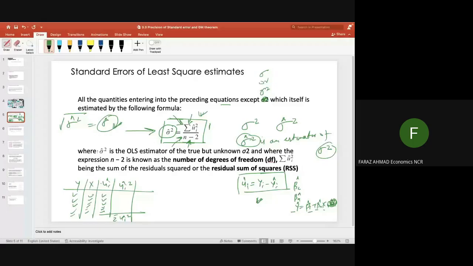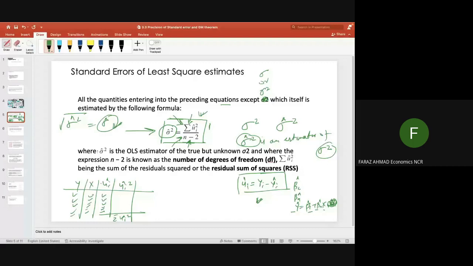So standard error of beta 2 hat or beta 1 hat, both of them are calculated using formulas which involve sigma. So the only problematic variable is sigma, right? Yes, sir. So we need to understand how to get sigma, because x we already have, right? Yes, sir.